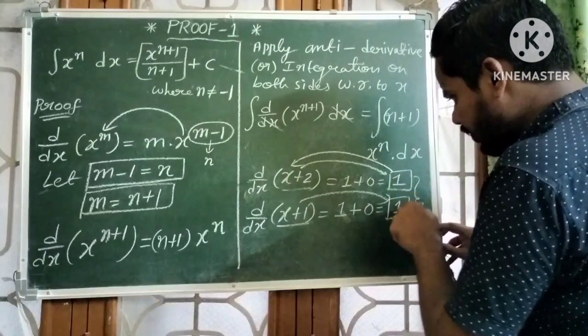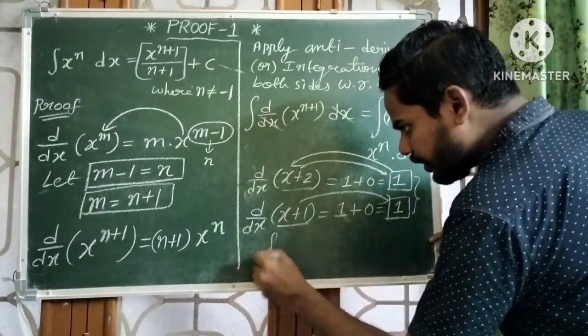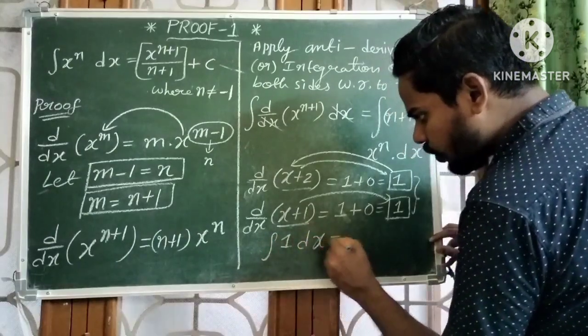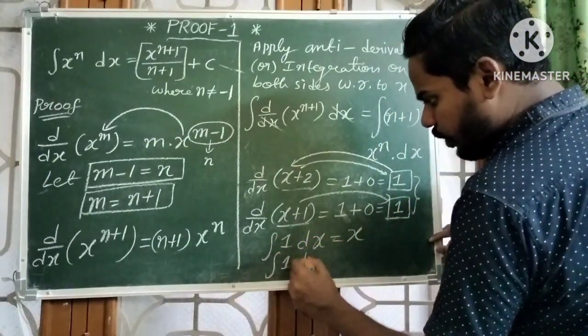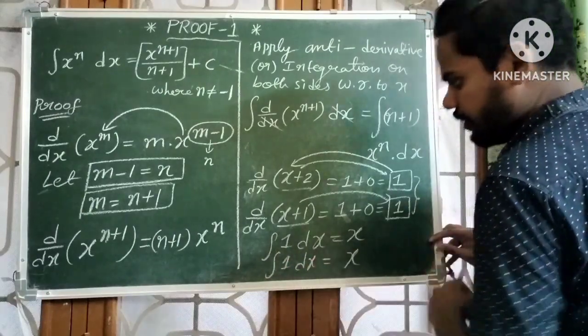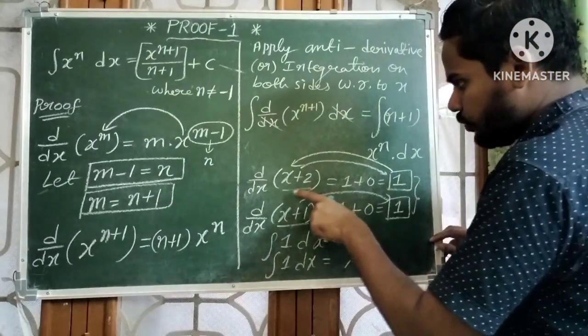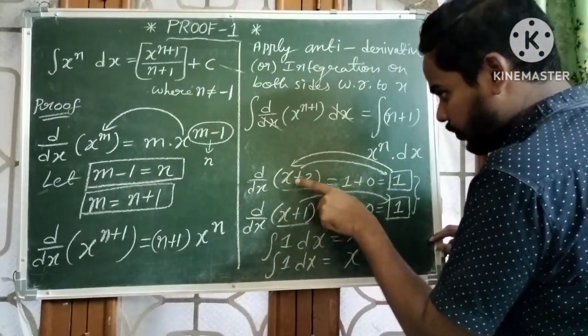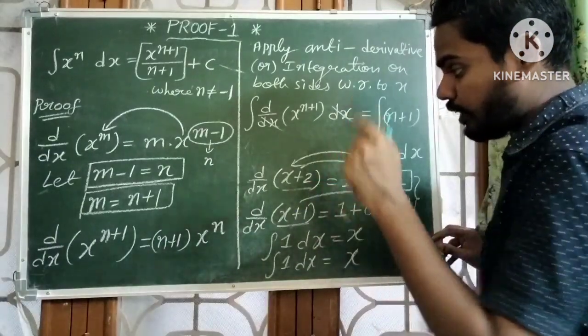So here the output functions are the same. Integral 1 dx is what? You will get x. Again here also, integral 1 dx is what? Again x. But in both cases, the original functions are x plus 2 and x plus 1.